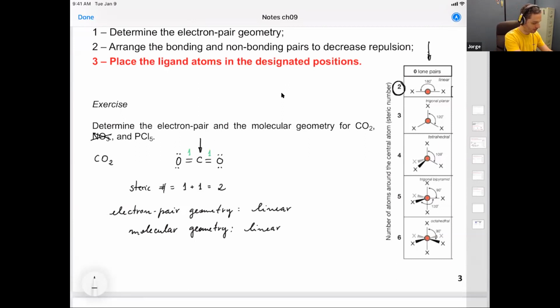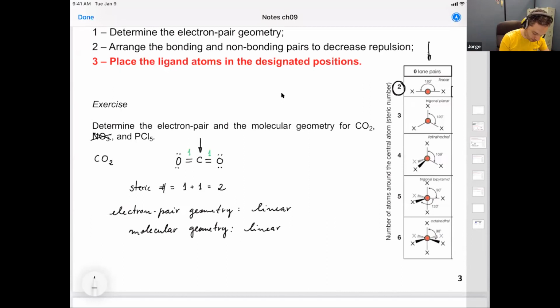That means the two available positions around the carbon atom are occupied by the two oxygens. And therefore, this is how the CO2 molecule is arranged in the space.